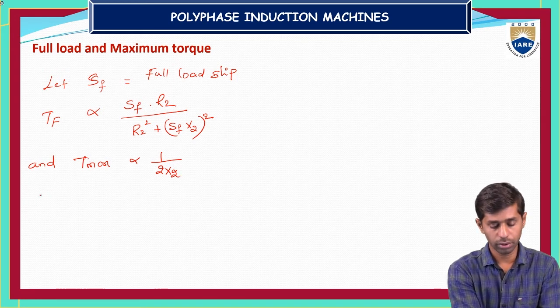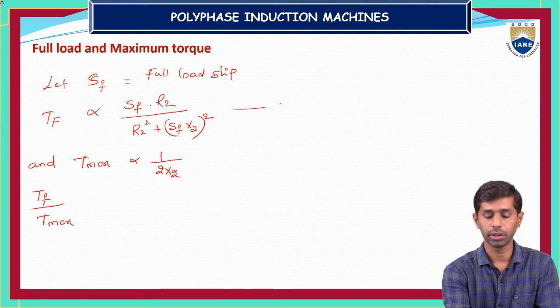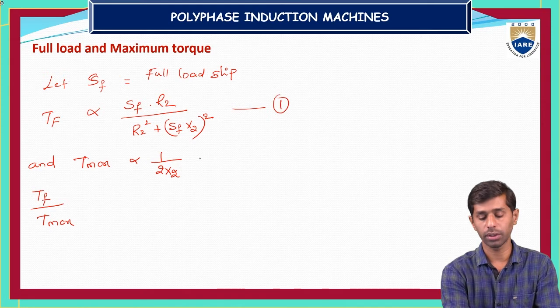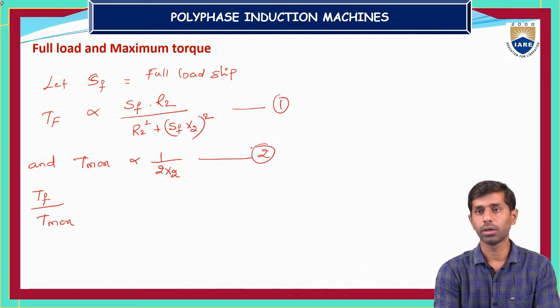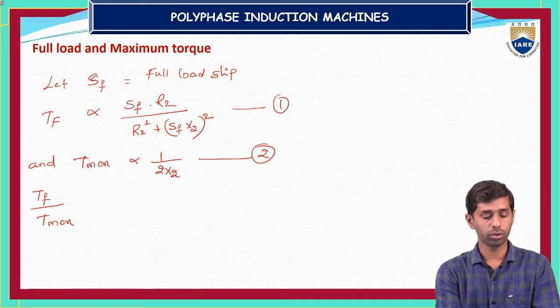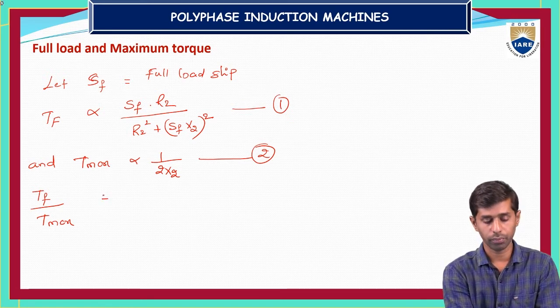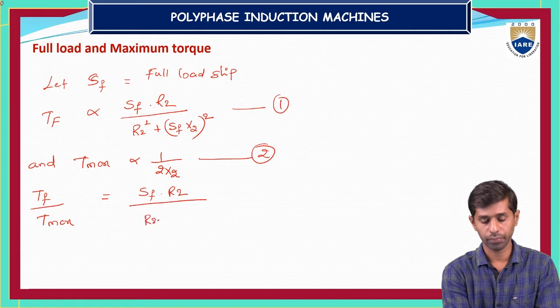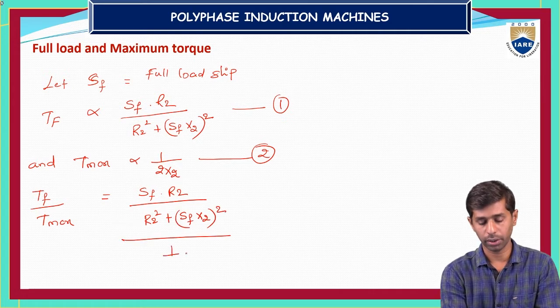So the ratio of full load torque to the maximum torque, that is TF by T maximum, with TF as equation number 1 and T maximum as equation number 2, is equal to SF into R2 by R2 square plus SF times X2 whole square, divided by 1 by 2X2.